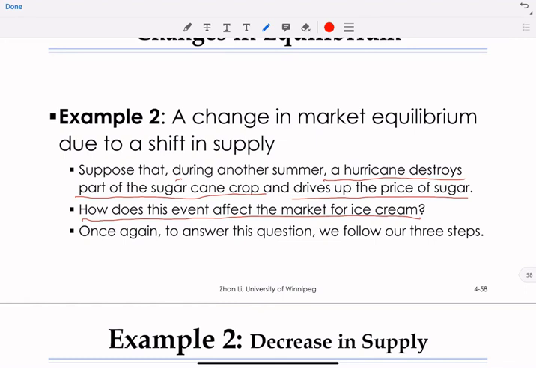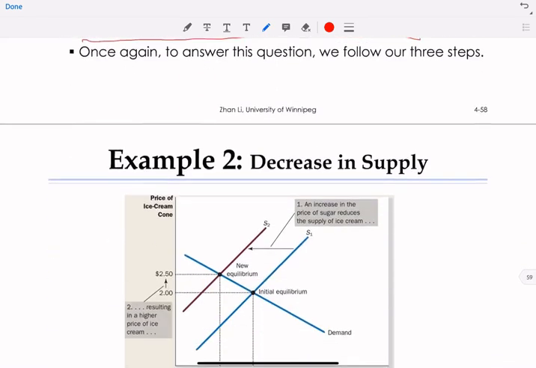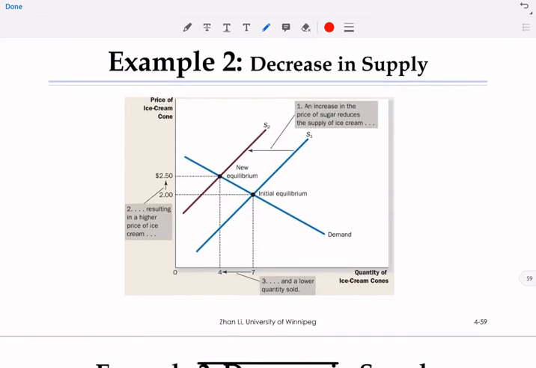For the third step, we have to resort to the supply and demand curve. So let's see how price and quantity change, right? So you can see that this is the initial equilibrium, and we have an equilibrium price of $2 and equilibrium quantity of 7 units. And if the supply curve shifts to the left, the new equilibrium point will be here.